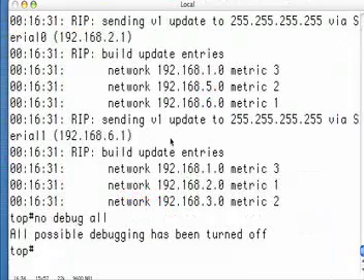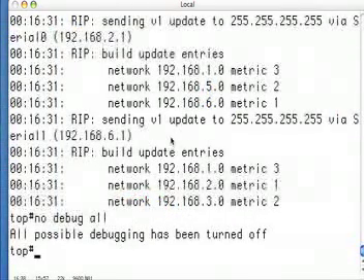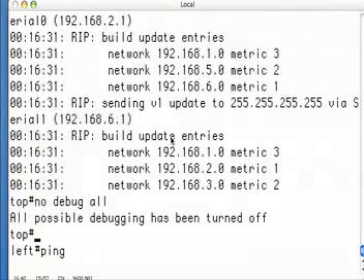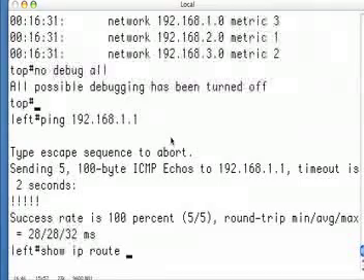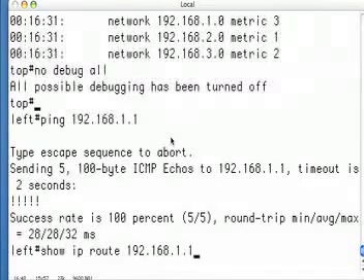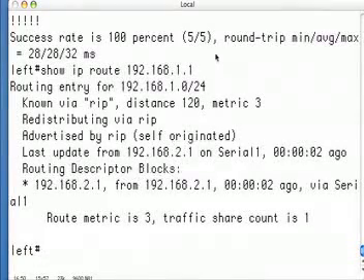In fact, let's go ahead and test that. Going back to the left router here. So I can show IP route for a specific route. In fact, I don't think I've shown you this command before.